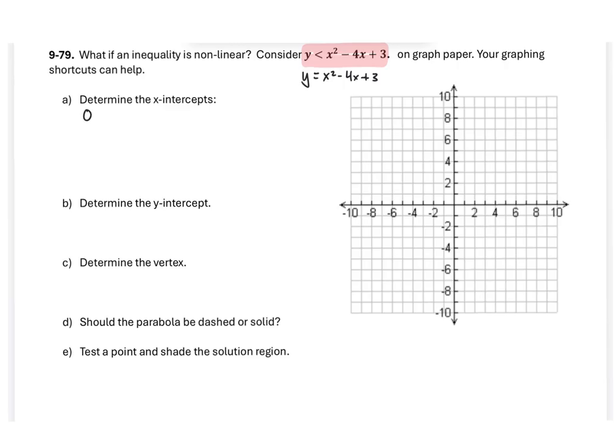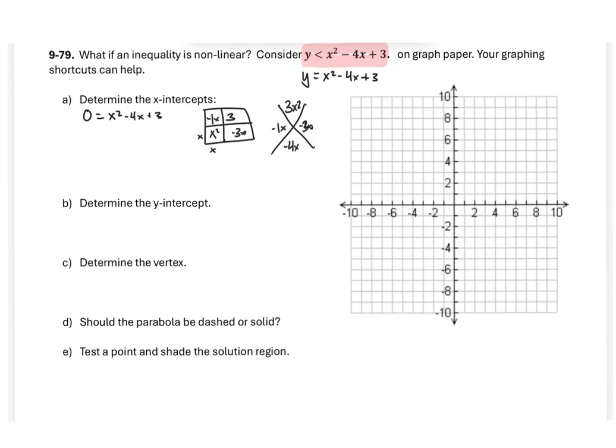I'm going to first start by determining my x-intercepts. My x-intercepts are when y is equal to 0. So I'm going to go ahead and do my generic rectangle. I'm going to look for factors of 3x squared that add up to negative 4x. And after some consideration, I came to negative 1x and negative 3x.